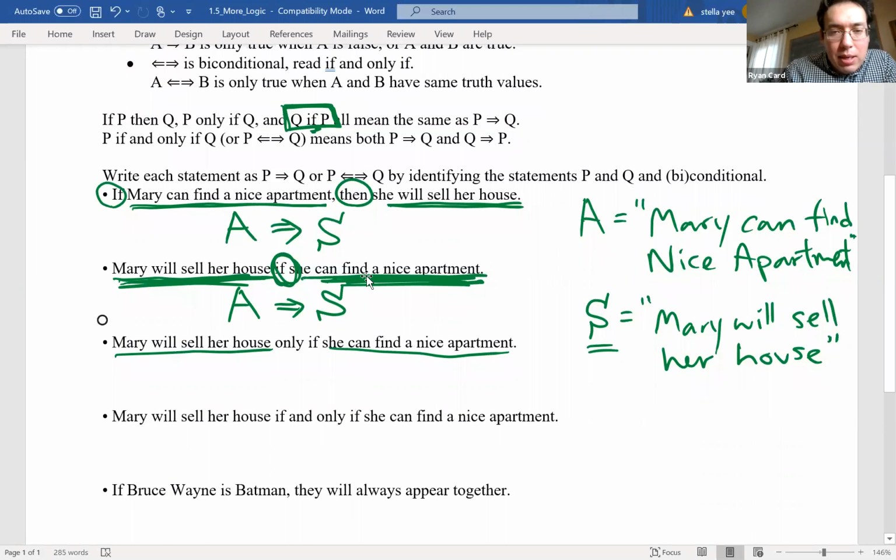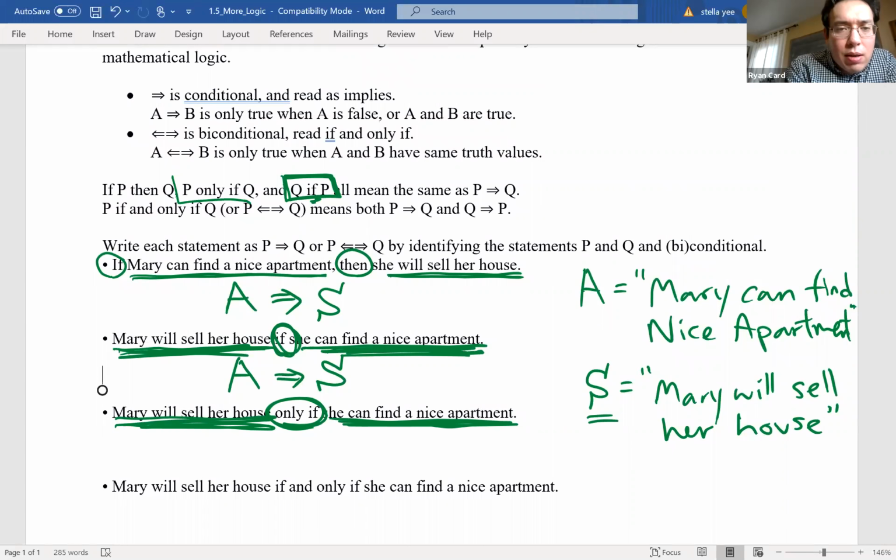This third statement, you have two statements, sell her house and she can find a nice apartment, but it has the words only if in between. So let's see. I don't know if you can see it here.